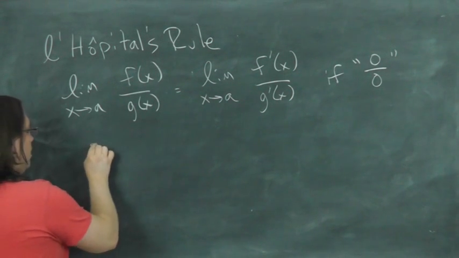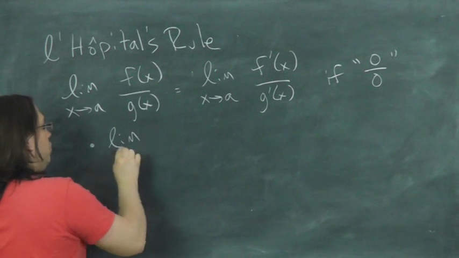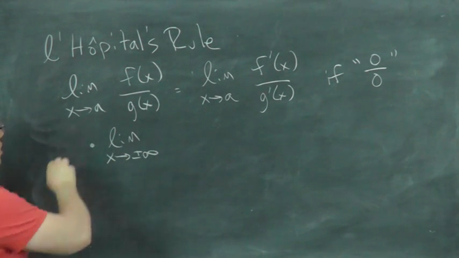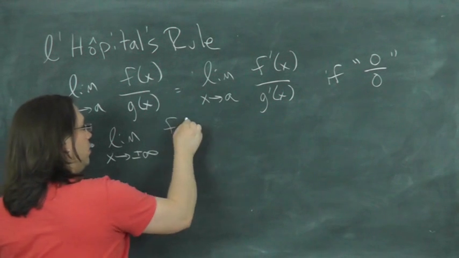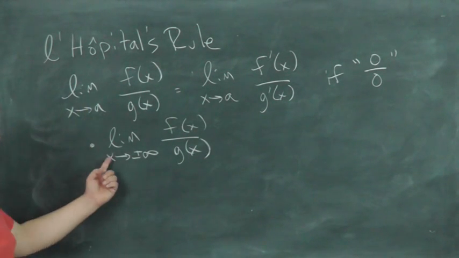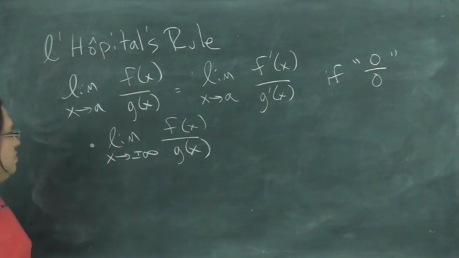Now, one thing it is useful to note is that we can do this also when the limit is not to a specific number, but instead where x goes to infinity or perhaps minus infinity. And then we would just do the same thing.